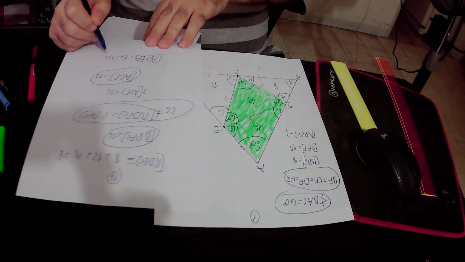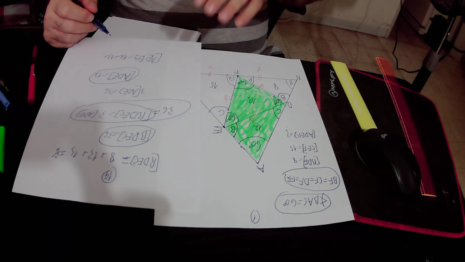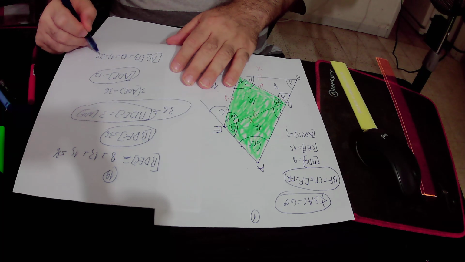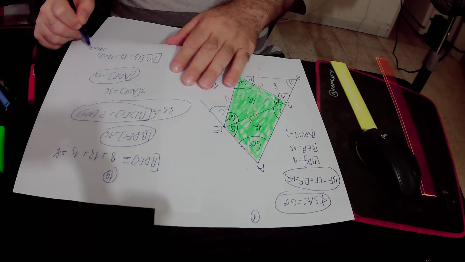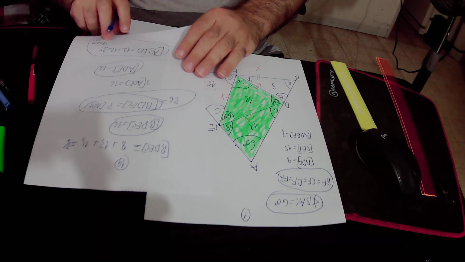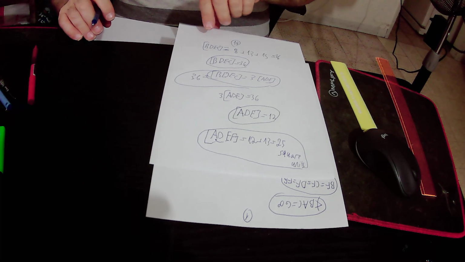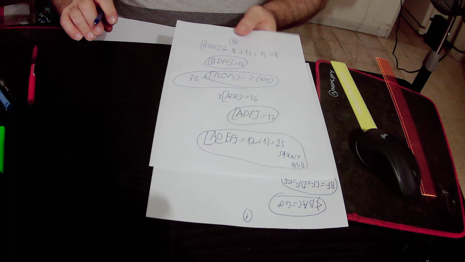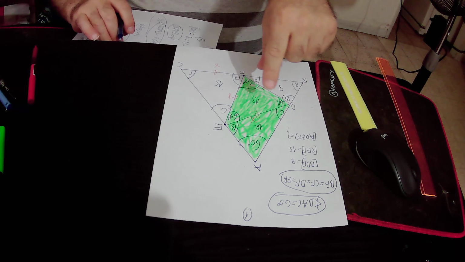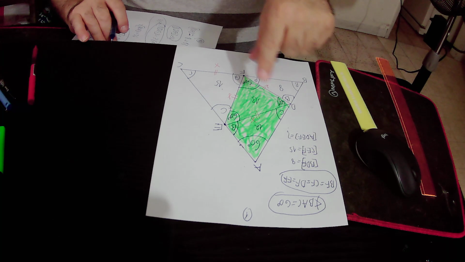So in total the area of the green shape equals 12 plus 13, that is 25 square units. So we found out that the area of the green shape equals 25 square units. Again, the area of this green shape, or the area of quadrilateral ADEF, equals 25 square units.